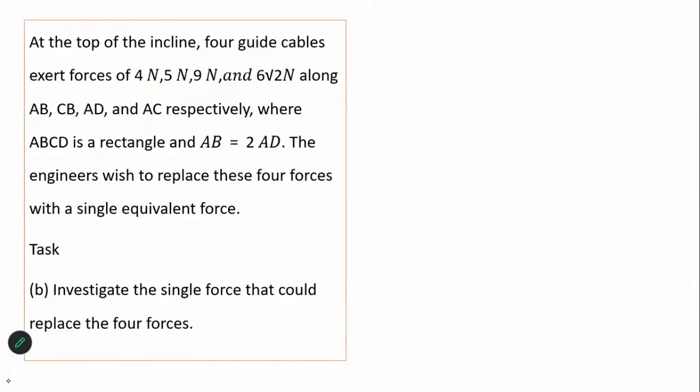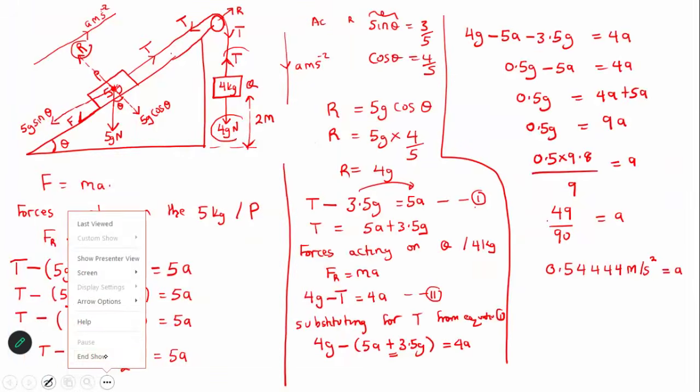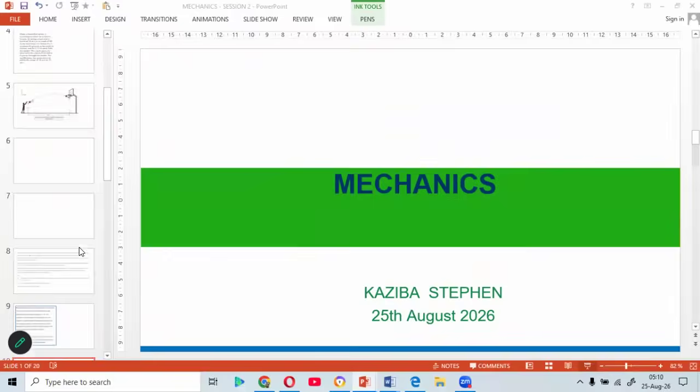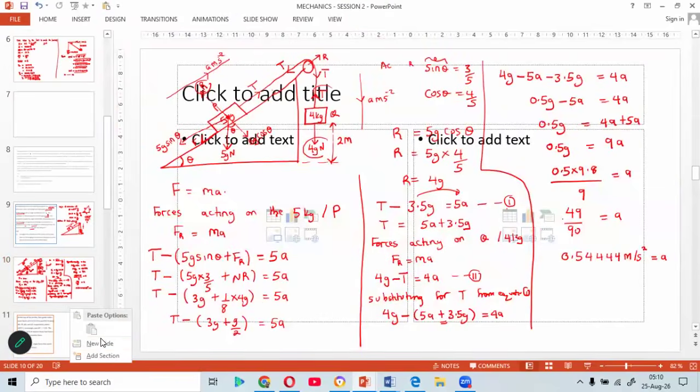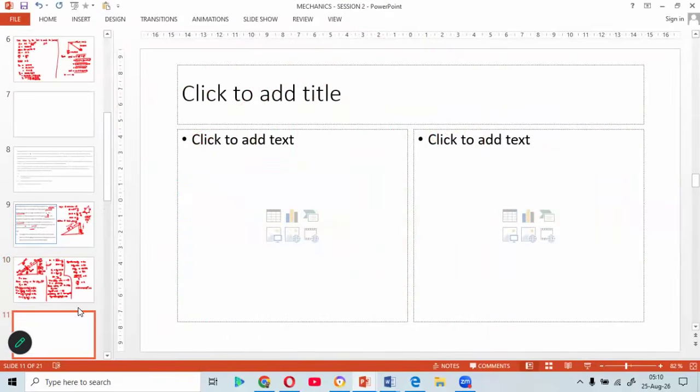Since our system is released from rest, our initial velocity, which is u, is going to be 0 meters per second.